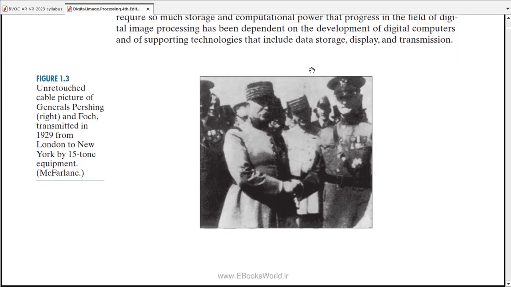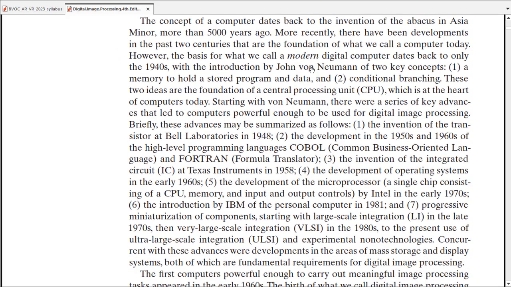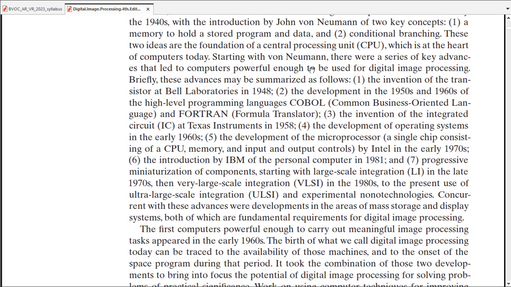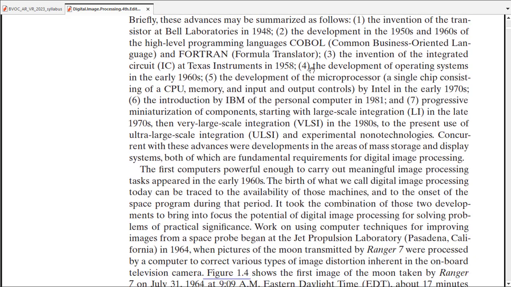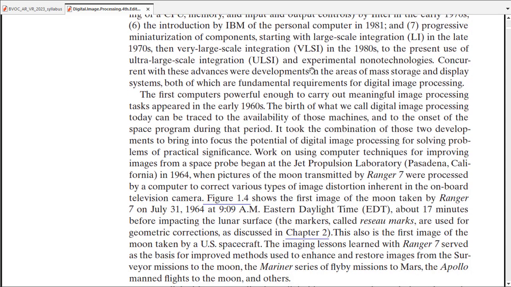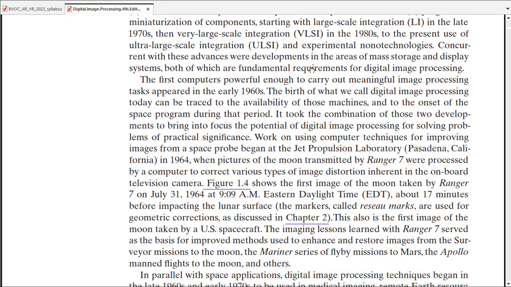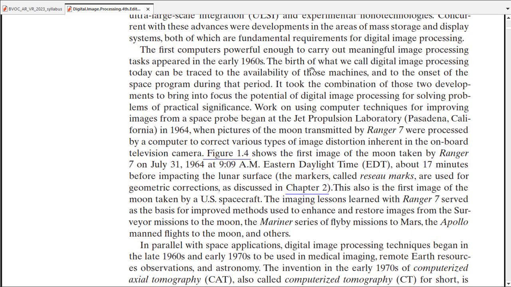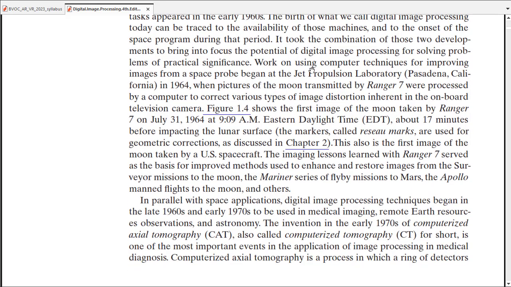These are the major milestones in history: the years 1948, 1960, 1981, and the 1980s, the generation of large scale integration, very large scale integration (VLSI), and then ultra large scale integration, which developed new innovations in digital pictures.